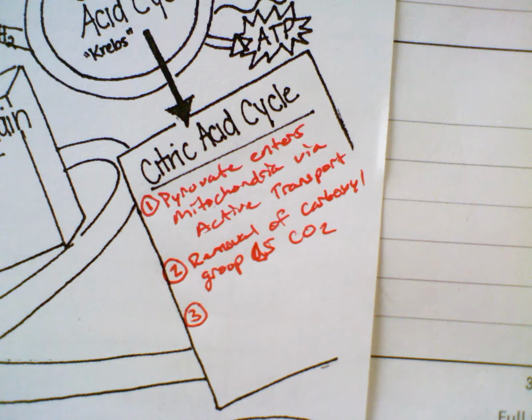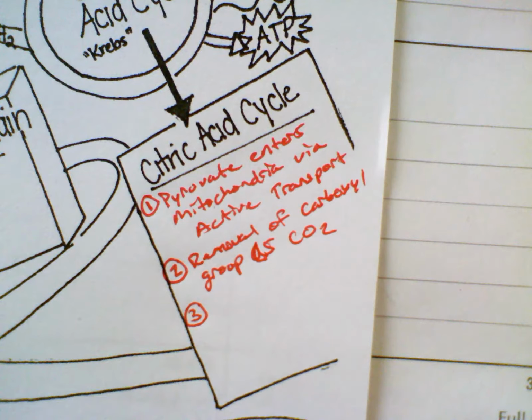So electrons are going to be stripped out of the pyruvate and put onto the NAD plus to make NADH, and then the NADH is going to transport those electrons to the electron transport chain. We're stripping out electrons. We're removing energy from the pyruvate. This entire process is just harvesting energy out of glucose. We're just stripping it out a couple electrons at a time.